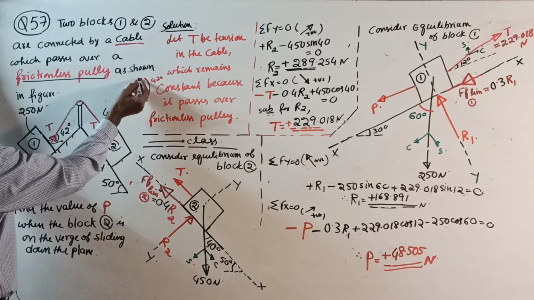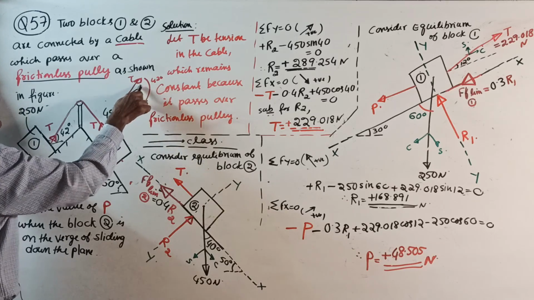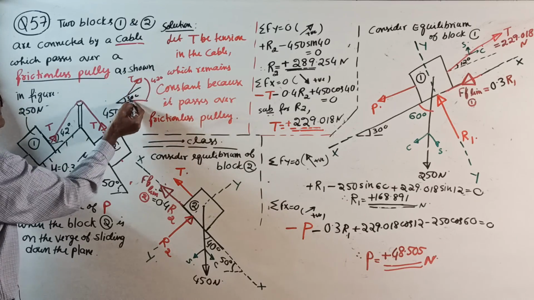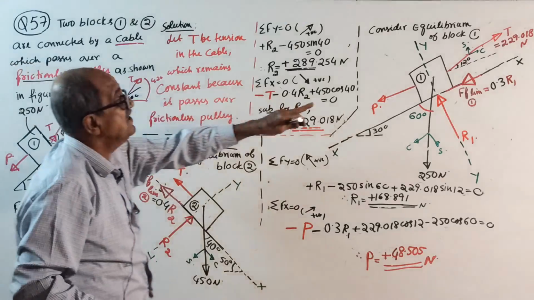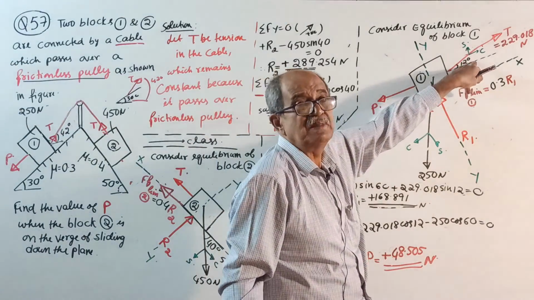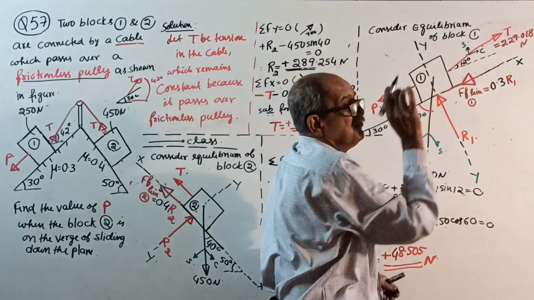Therefore, the angle made by tension T with the plane will be 42 minus 30, that is 12 degrees. High school level mathematics. So 12 degrees, you have to confirm it.